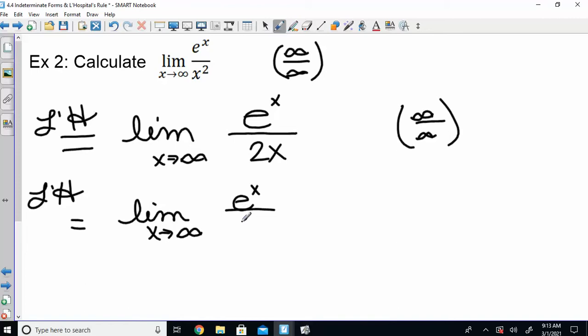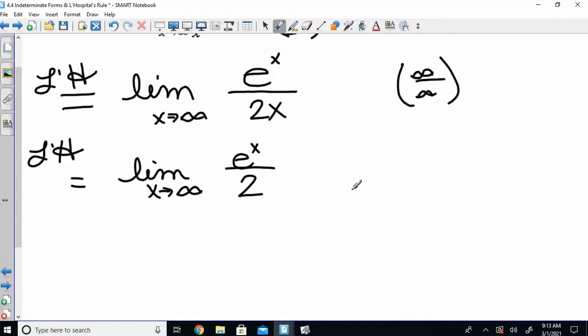Derivative of 2x is 2. So e to the infinity is still infinity divided by 2, so it's no longer an indeterminate form. What's a really big number divided by 2? A really big number, infinity.